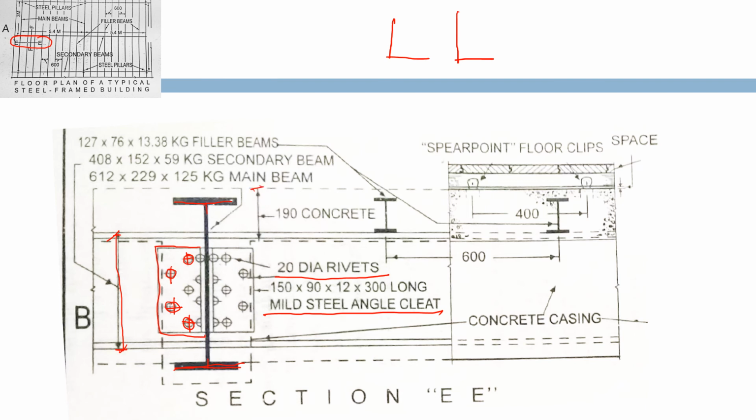Now this is a layer of concrete which has been shown to be 190 mm, and all these smaller steel sections are filler beams which are there just to support the flooring. The concrete will crumble if it does not have any reinforcement. So above that there are spear point floor clips which are there for maintaining the spacing, and there is the flooring which can be wood or any other material.